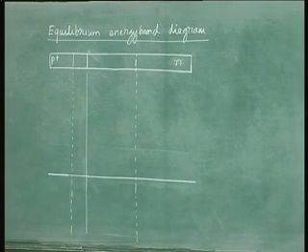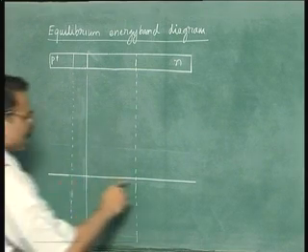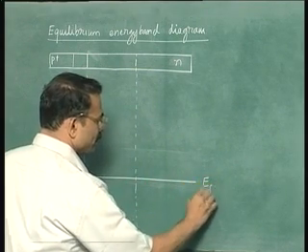Now to draw the energy band diagram, what is the starting point? The starting point is a constant EF as a function of x.